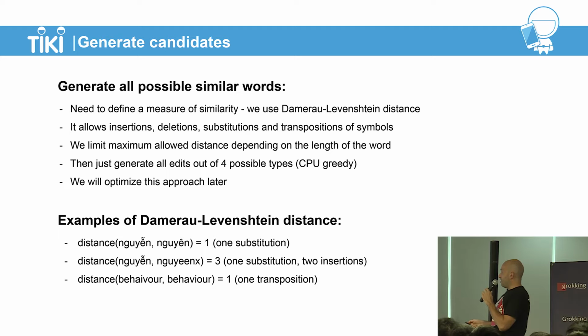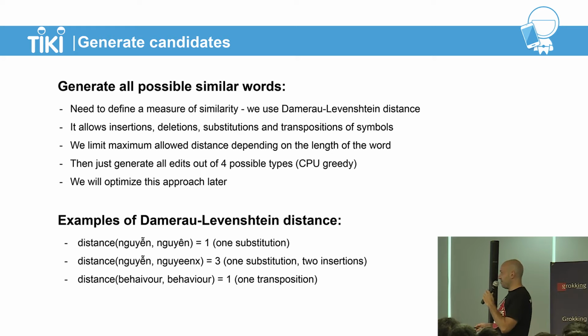So we use that distance to calculate the similarity between our candidate and our word when we generate the candidates. And we also limit the maximum allowed distance depending on the length of the word. For super short words, we only allow maybe one change from this distance perspective. For longer words, we allow 2 or 3 changes.